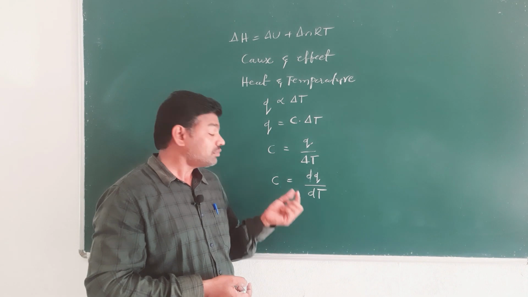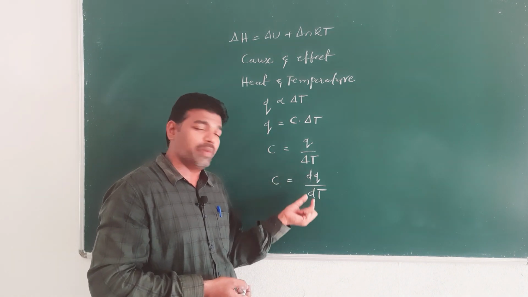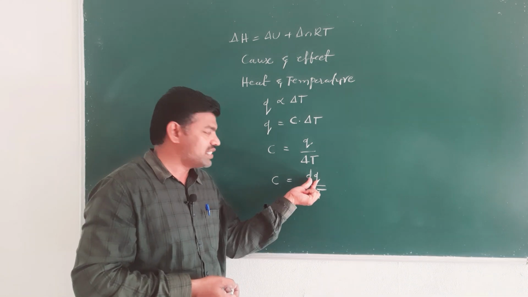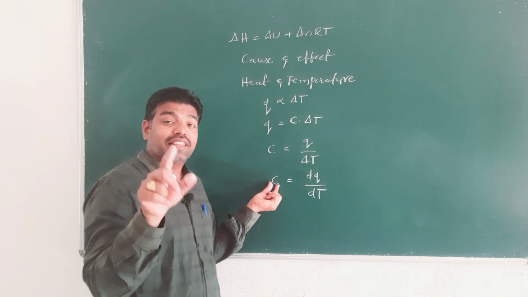So, heat capacity C for infinitesimal changes, we write C is equal to dQ by dT, where Q is a path function, therefore C is also a path function.